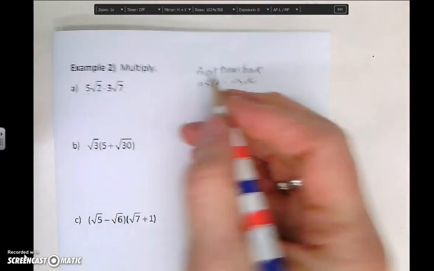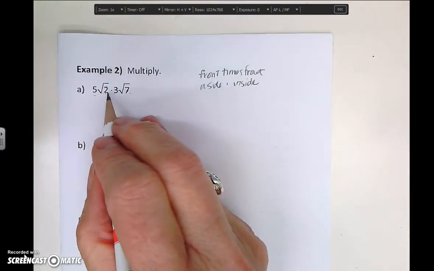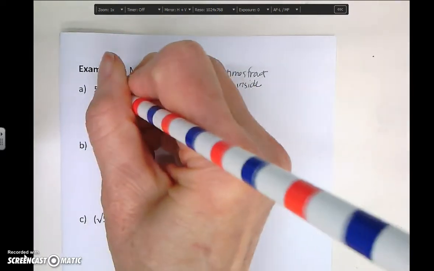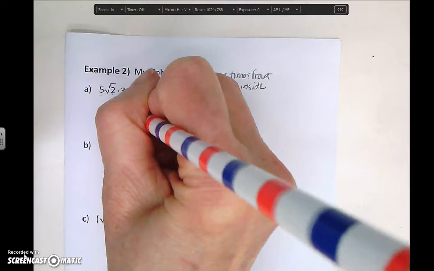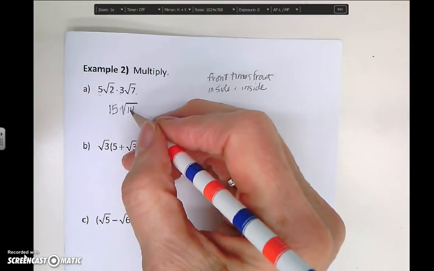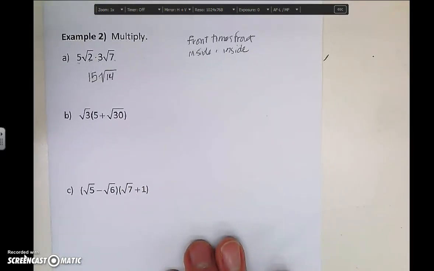It doesn't matter if they're alike or not. So I'm going to multiply 5 times 3 and get 15. And then inside I get 2 times 7 is 14. I'll take a minute and notice that 14 can't be simplified any further. So that's the answer. So pretty easy.